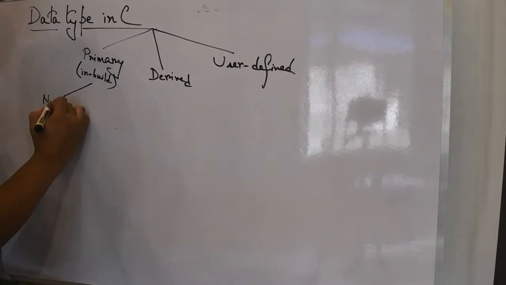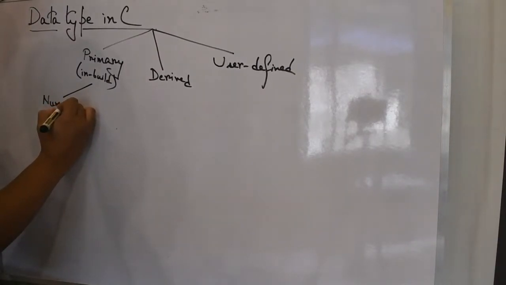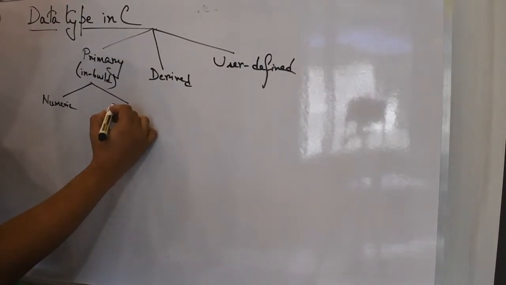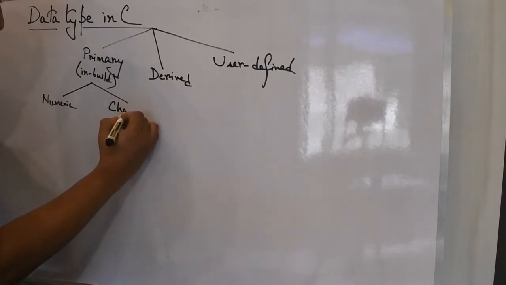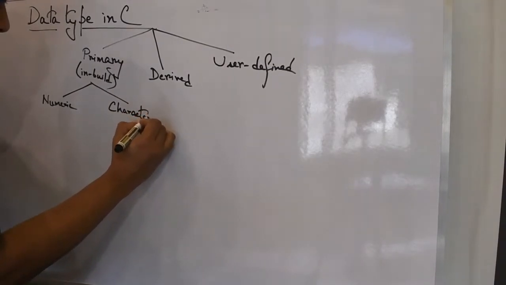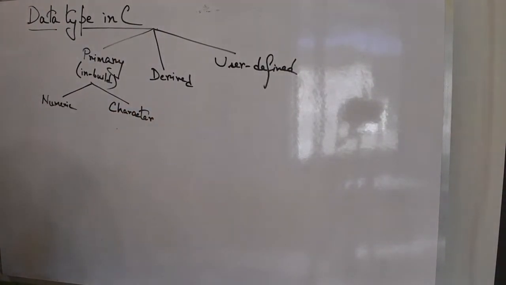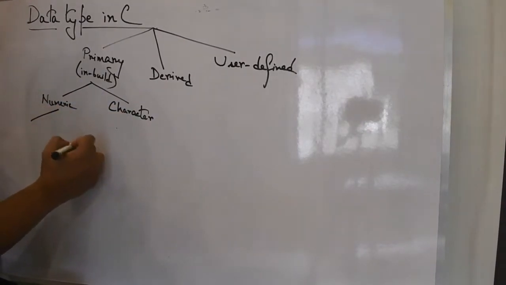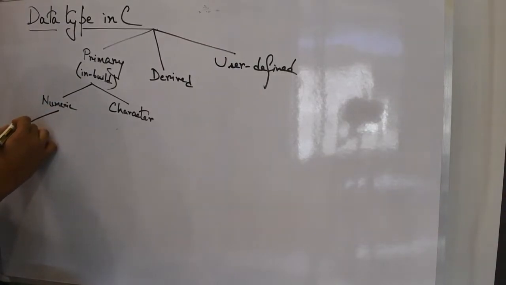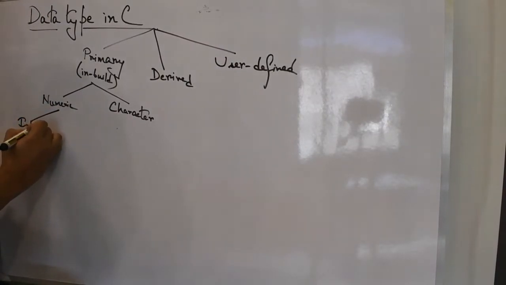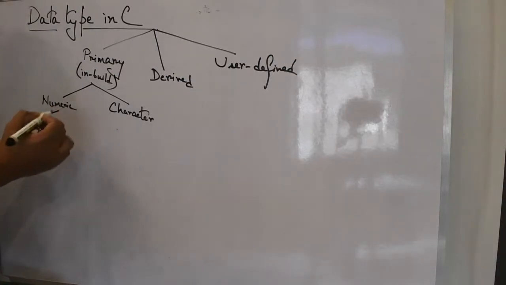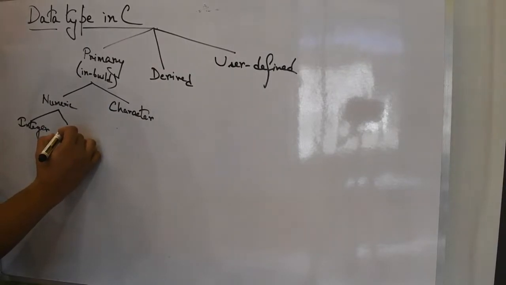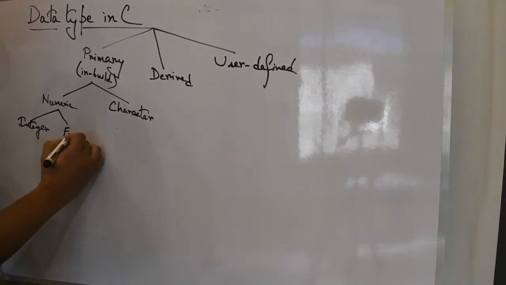It could be a numeric data type, which deals with numbers, or a character data type, which deals with characters or words only. Inside numeric we can have the integer data type, the float data type, or double.